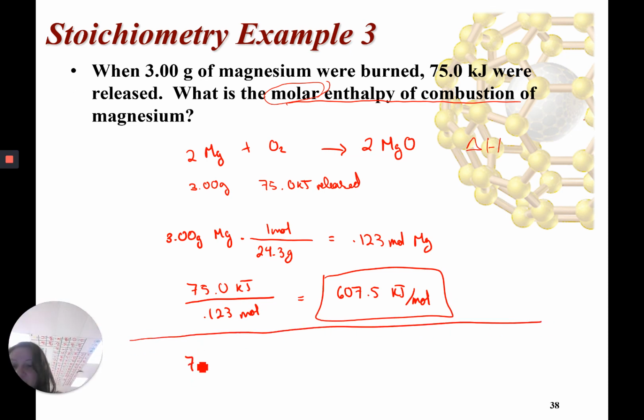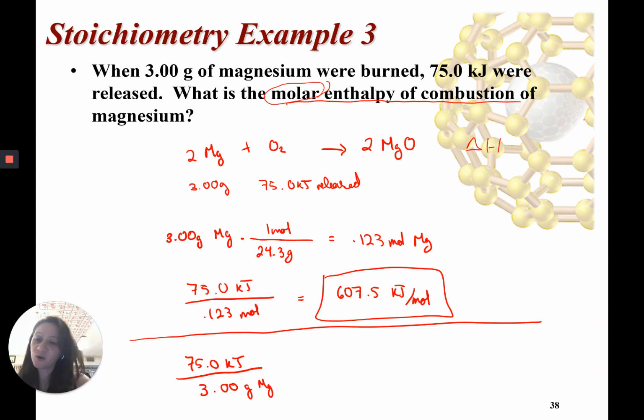I know that I have 75.0 kilojoules, and this is per 3 grams of magnesium. Well, I don't want it for 3 grams of magnesium. I want it to say kilojoules per mole. So I want to keep my kilojoules, but I want to get rid of that grams and change it to moles.